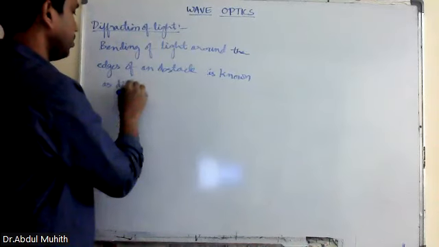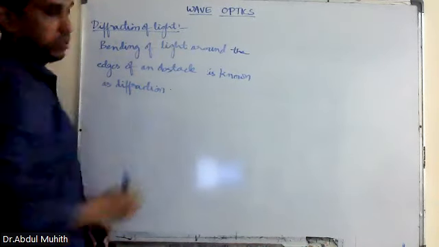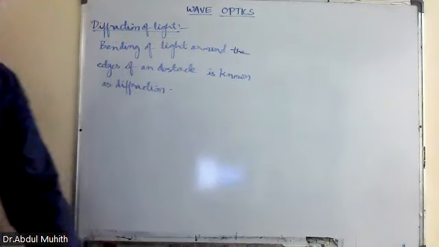Okay. Here, the bending of light around the obstacle is known as diffraction.